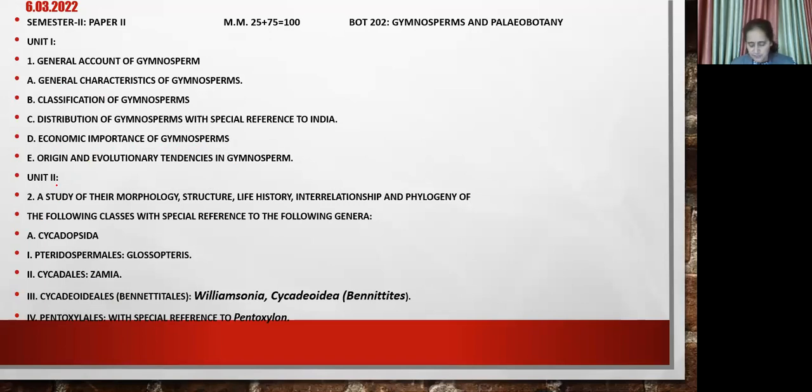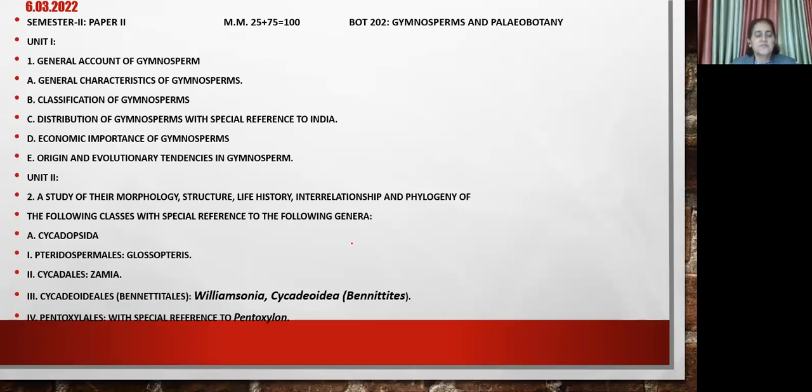Unit 2 consists of study of morphology, structure, life history, interrelationship, and phylogeny of the following classes with a special reference to the given genera.